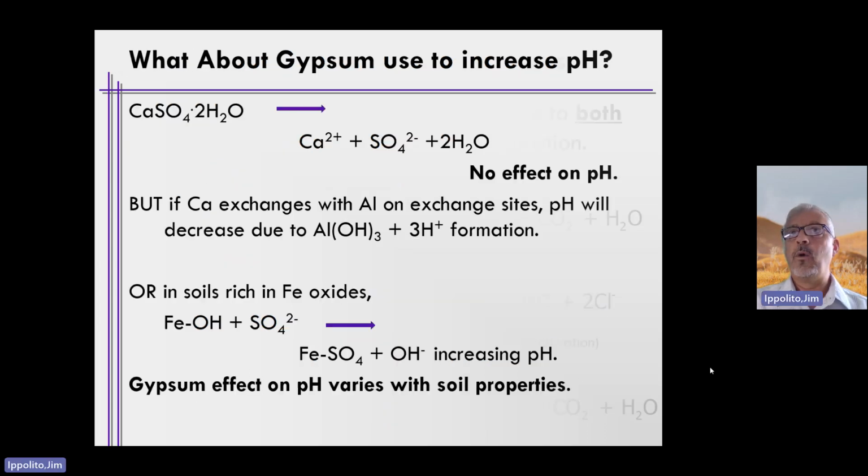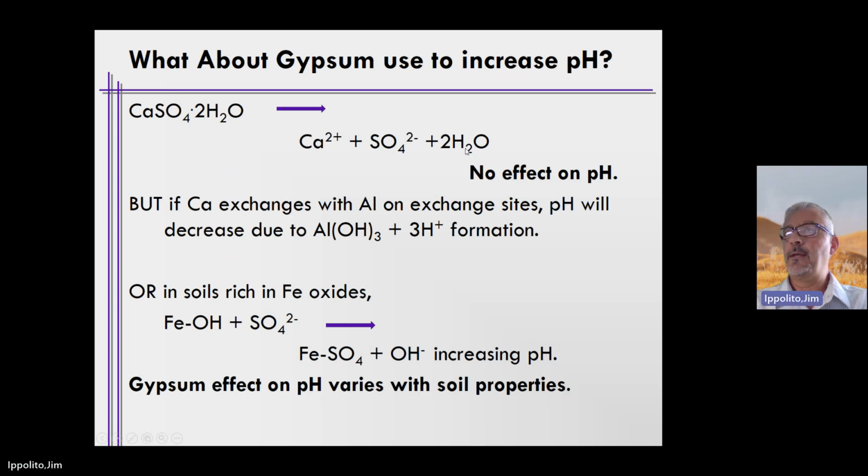So let's talk about one other example here. What about gypsum? Oftentimes people have come to me and said, hey, Jim, can I use gypsum as a liming source? And I would tell them no. This is why. Gypsum is simply calcium sulfate, and when calcium sulfate dissociates, there's no effect on pH. What is going to affect pH here?